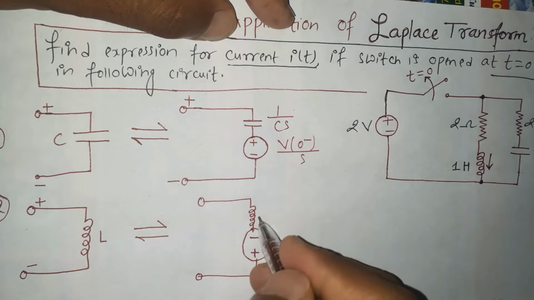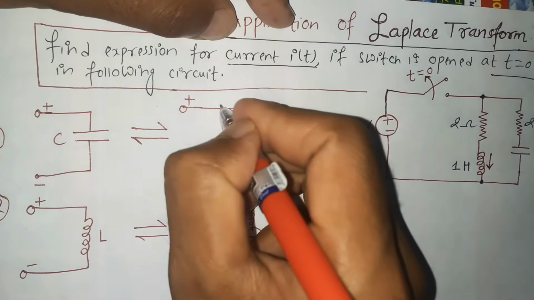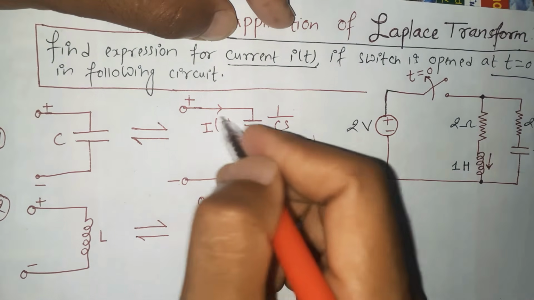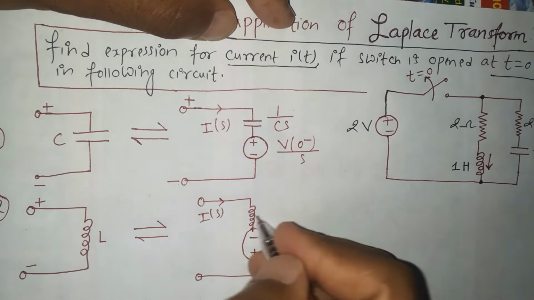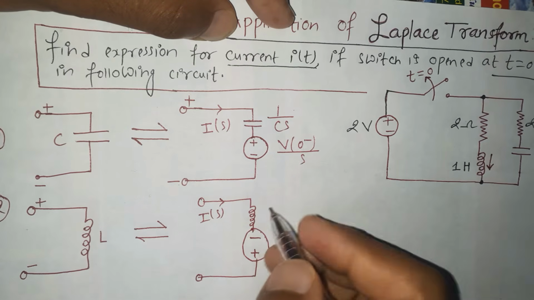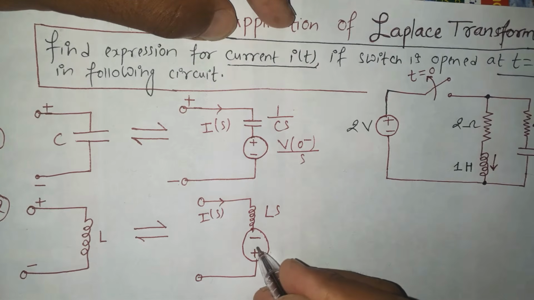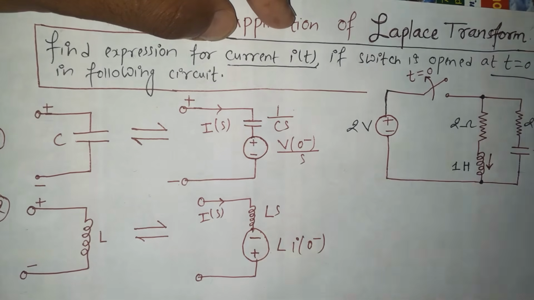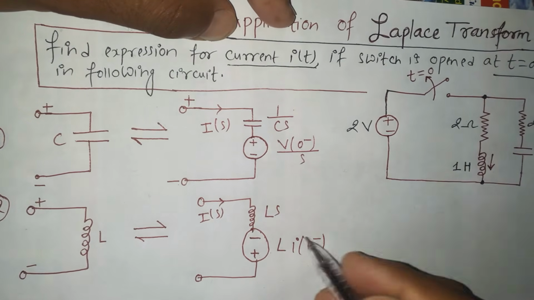Here the current I(s) will flow in the S domain, and here also I(s) will flow in the circuit. What will be the value of the inductance? This is Ls, and the value of the voltage source will be L times i(0-), where i(0-) is the current flowing through the inductor before the time t equals 0.